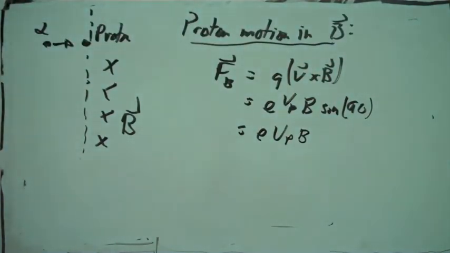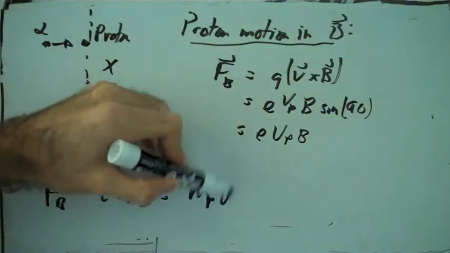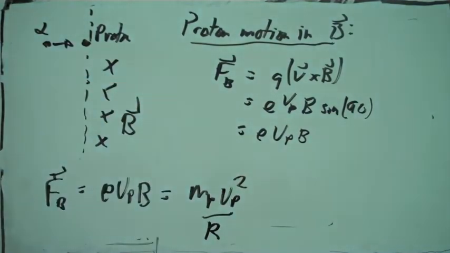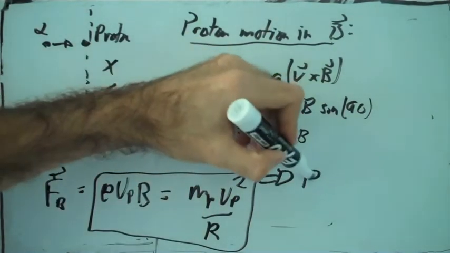So the magnetic force is just e times the velocity times the magnetic field. And this force equals the mass of the proton times the velocity squared divided by r, because it's going to have circular motion. So we have this important relationship.